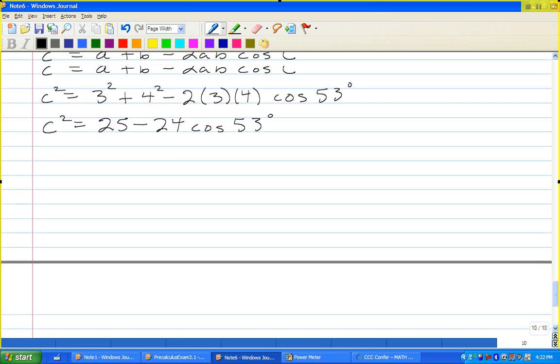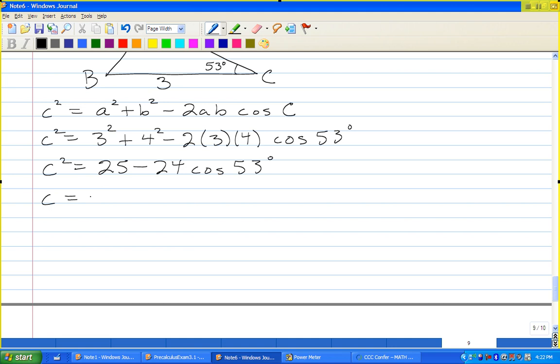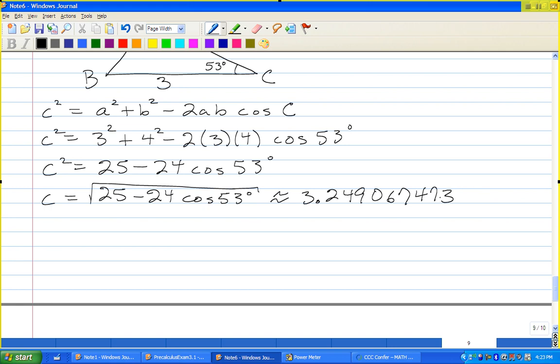And so C squared, so C is equal to, obviously we just want the positive square root, of 25 minus 24 cosine of 53 degrees, which is approximately 3.24906 7473. Okay.